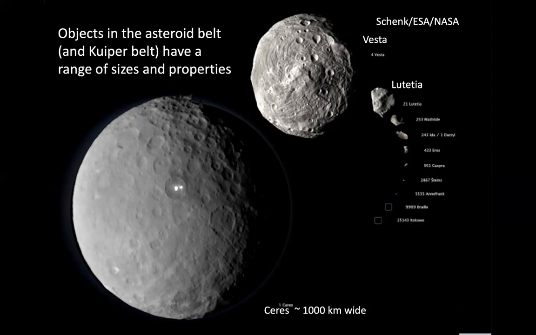These are all various combinations of water ice, rock, metal, and other things, and they're all heavily cratered, suggesting that they're basically ancient objects that have been hit by other random objects. So that's typical of asteroids.